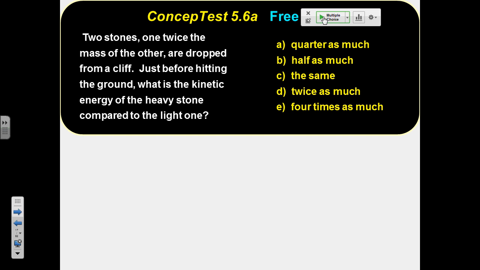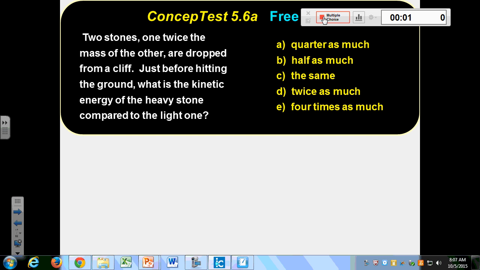Two stones, one twice the mass of the other, are dropped from a cliff. Just before hitting the ground, what is the kinetic energy of the heavy stone compared to the light one? Think about how their velocities compare, and then how do their kinetic energies compare? One's twice the mass of the other.